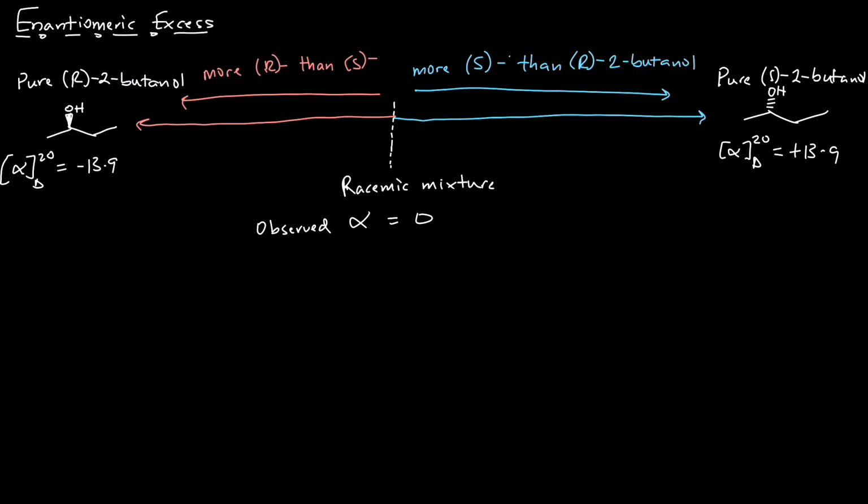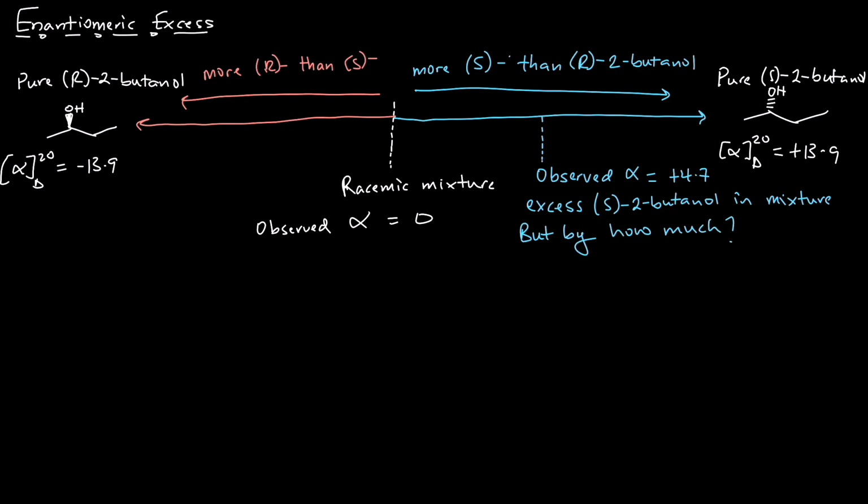So let's say you actually took a sample of S and R-2-butanol, and you found that the observed rotation is equal to positive 4.7. This would mean that you have an excess of S-2-butanol over R-2-butanol in that mixture because it's a positive value between 0 and 13.9. But by how much?